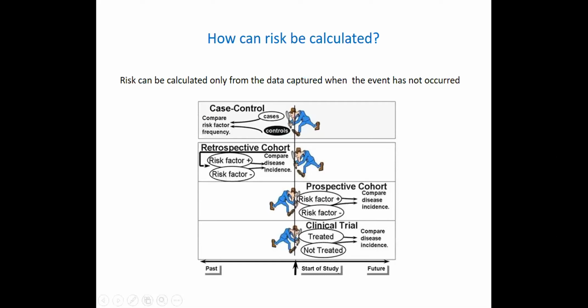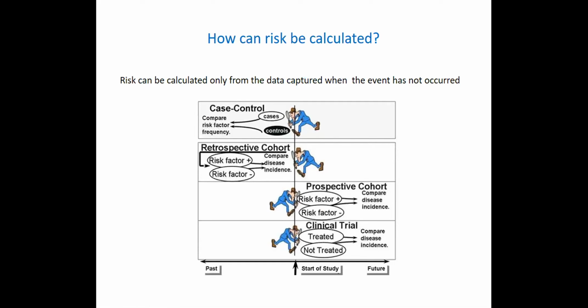I just want you to look at this picture to explain further the study types and shed more light on what I just said, and how they are related to the calculation of risk and odds, and eventually odds ratio and relative risk.